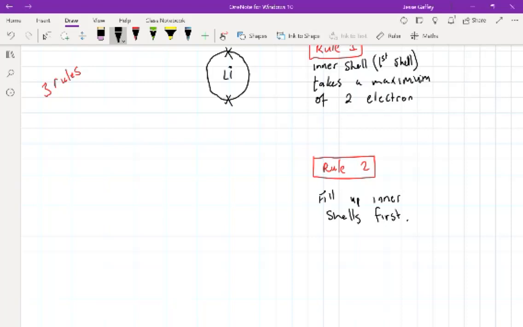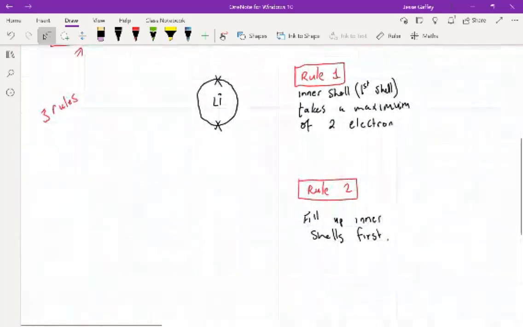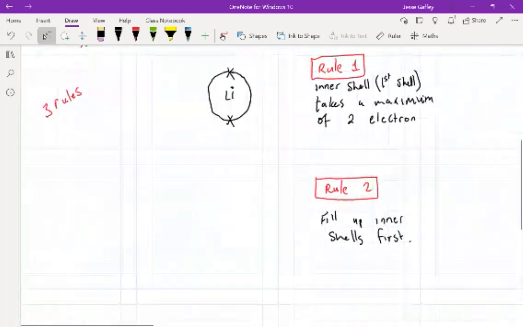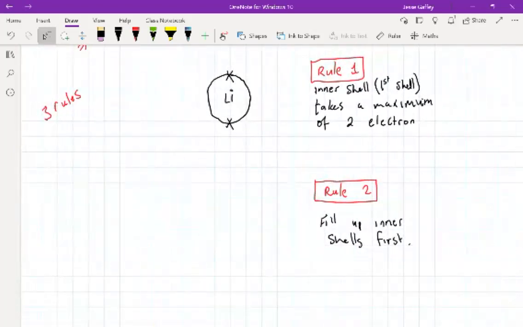Now, why is this? You will find out when you study advanced chemistry, okay? There's a very important reason for this, but I'm not just going to tell you now. So when you get to advanced chemistry, you'll figure out why you have to fill up the inner shells first. But for now, just bear with me while I show you how this works. So here, I'm going to draw a lithium atom, and as you can see, I have to have 3 electrons.